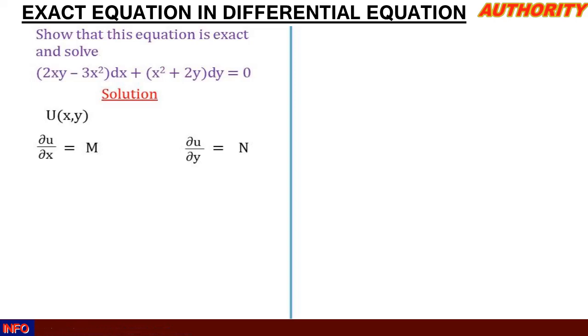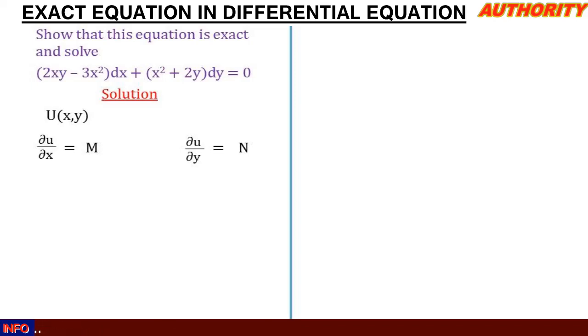Let's name that function M. Then when you differentiate the original function u partially with respect to the next variable, which is y, we still come up with another function. Let's call this N. So the partial derivative of u with respect to x gives us M, and the partial derivative of u with respect to y gives us N.